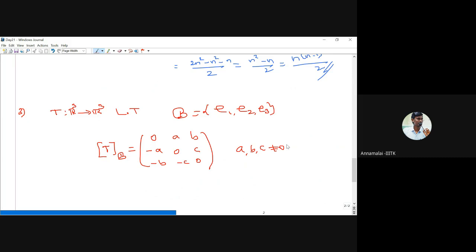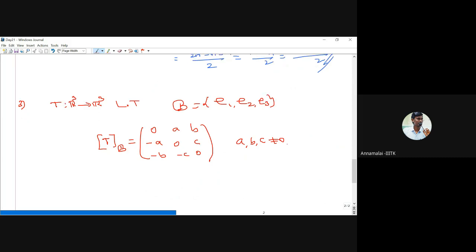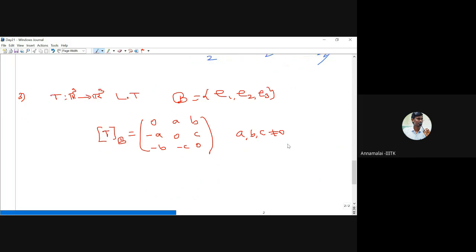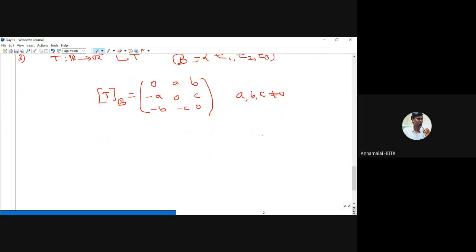Now, the question is, what about T? Is T one-one, or onto, or what is the rank? The question is, what can you say about the linear transformation T? Actually, look at the matrix. This matrix is nothing but a skew symmetric matrix. So this T equals minus T transpose.